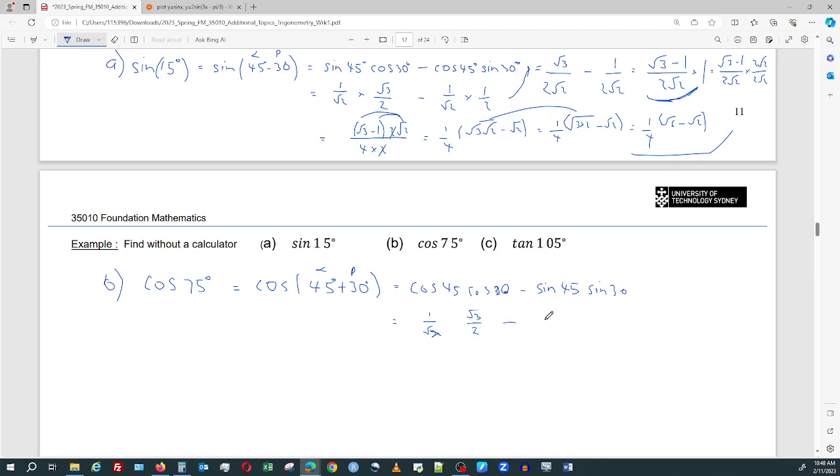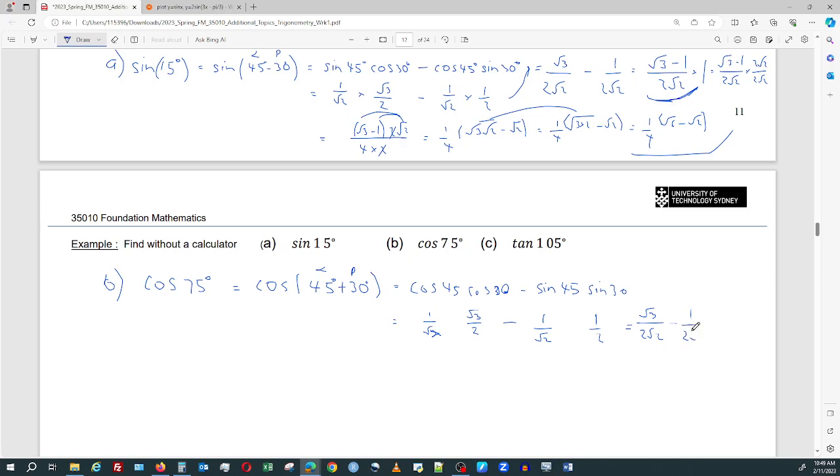Sine 45 degrees, same. Y. Sine is Y. 1 on root 2. And sine 30 is the small one. Is the Y on the 30, which is the small one, which is a half. Okay, so we'll go root 3 on 2 root 2 minus 1.